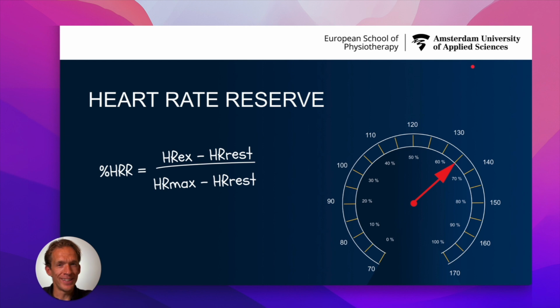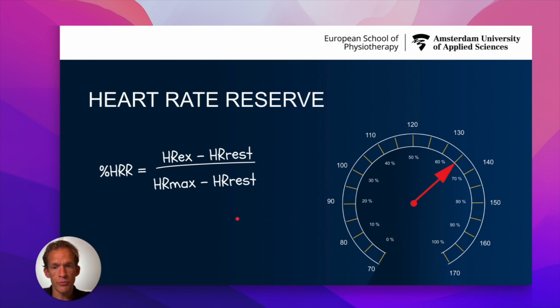But how do you then use those numbers in the best possible way? Well, what you can see here on the right is basically a speed monitor. And heart rate is definitely a great method to use as a speed monitor. But then according to the heart rate reserve method, and preferably not with the percentage of heart rate max method, for example.